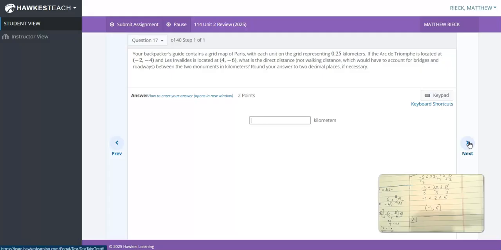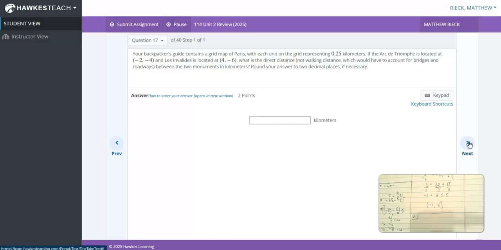So the next question here, so it looks like we are wanting to find the distance. Okay, so your backpacker's guide contains a grid map of Paris with each unit on the grid representing 0.25 kilometers. The Arc de Triomphe is located at -2, -4, and the Les Invalides, don't quote me on that, is located at 4, -6.